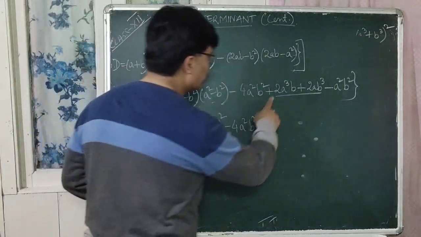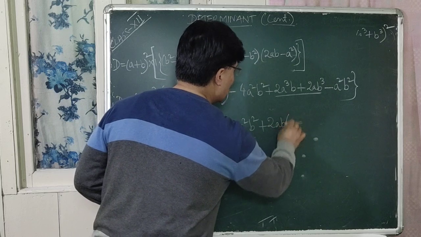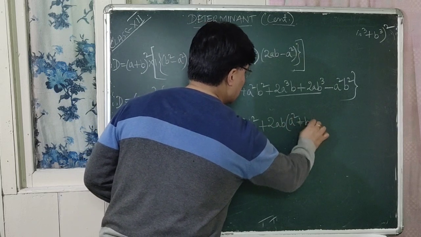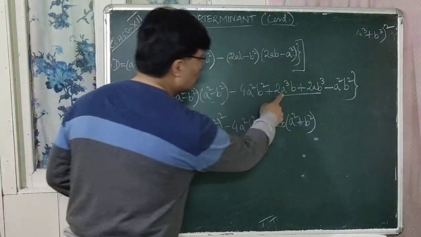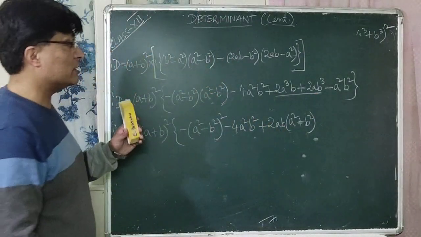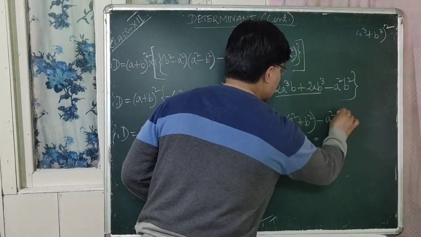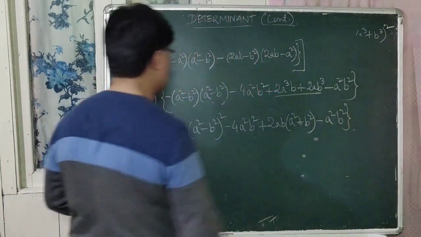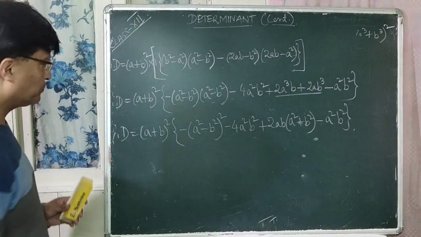That is 2ab, right? 2ab is common within bracket, it is a square plus b square. Then the last one is minus a square b square. Second bracket is closed. Is it clear now?